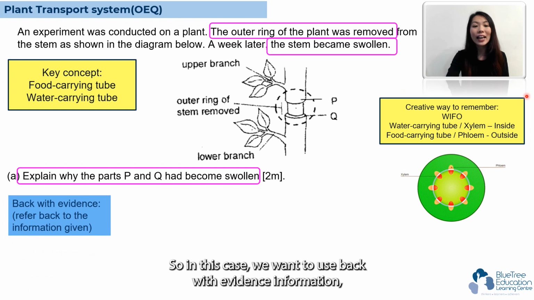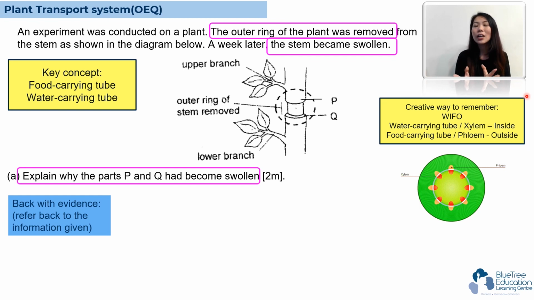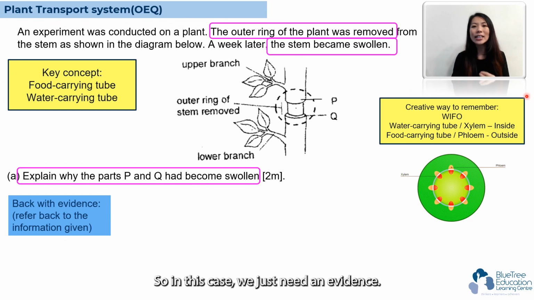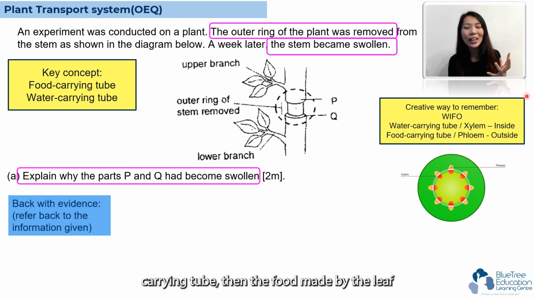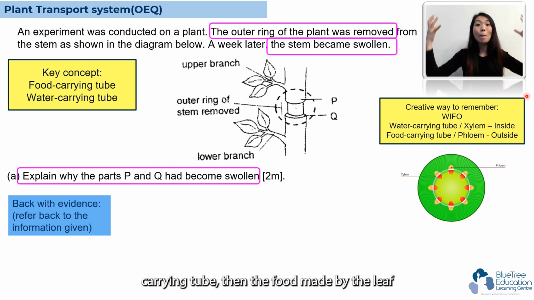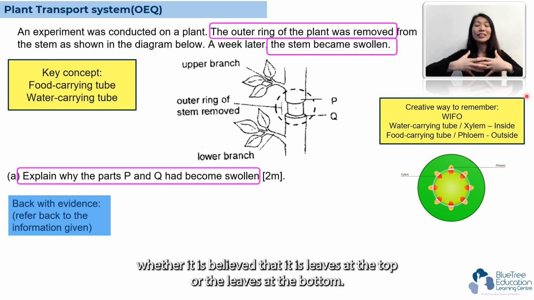So in this case, we want to use back our evidence information, which is our BlueTree signature, and of course confirming the concept. So in this case, we just need an evidence. But before that, remember the concept. The moment you remove the food carrying tube, then the food made by the leaf cannot be transported down to other parts of the plant, whether it is the leaf at the top or the leaves at the bottom.